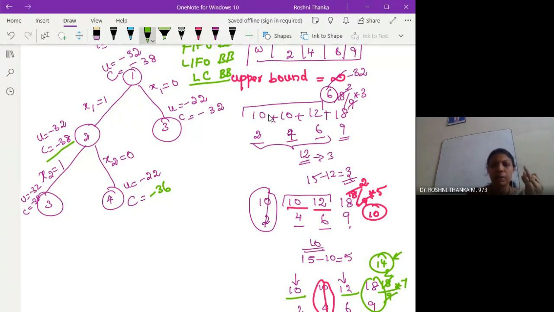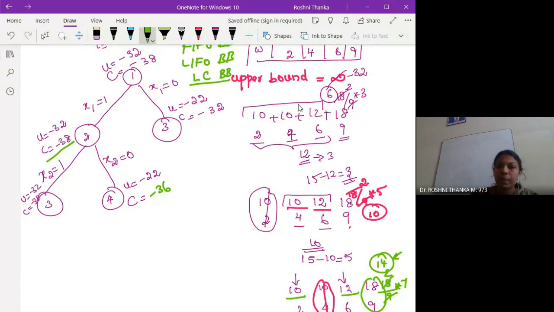The second thing you have to check is, if any one of the costs, first we checked with the upper bound, if any one of the costs is greater than this upper bound, then we have to kill it. But in this case, this cost is equal to it, no problem. This cost is also lesser than this, no problem. This cost is also lesser than minus 32.